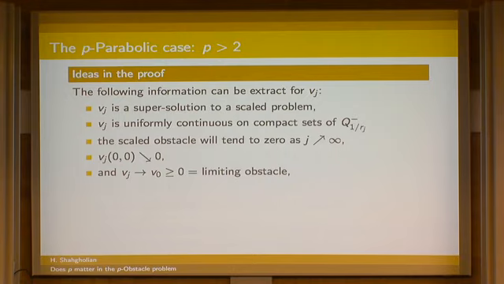The scaled obstacle will tend to 0, and that is a very important fact, because my obstacle is smooth, but now I'm dividing by something very large with respect to that smoothness, and that large number will of course kill the whole thing. Vj at 0 will go to 0, because the obstacle is bounded, but you're dividing by something much larger, so it brings the function down with it. And V0 in the limit will be larger than or equal to the obstacle. This is the limiting obstacle.